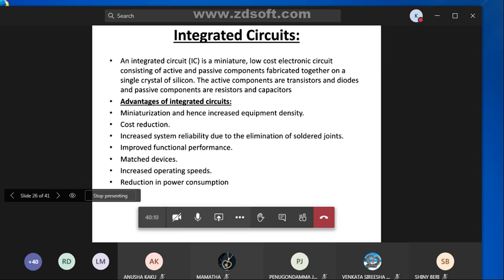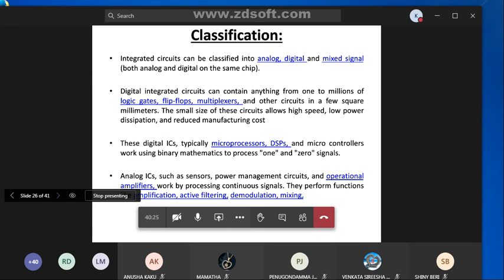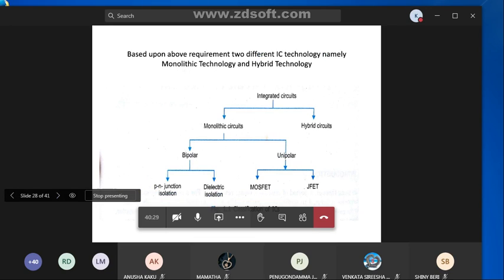If you see the advantages, the cost is low, it improves the performance, the speed is high, and the power consumption is low. So these are the advantages of integrated circuits. When it comes to classification, ICs are classified as monolithic ICs and hybrid circuits.